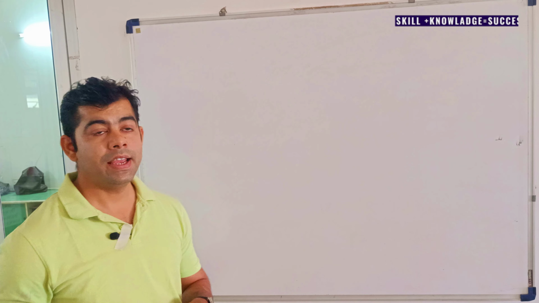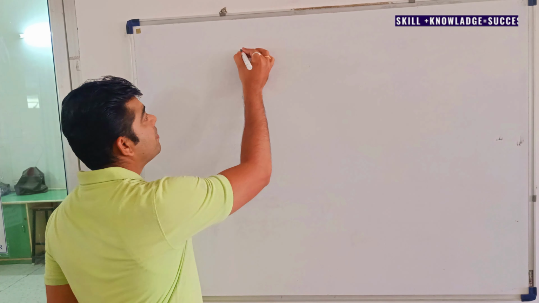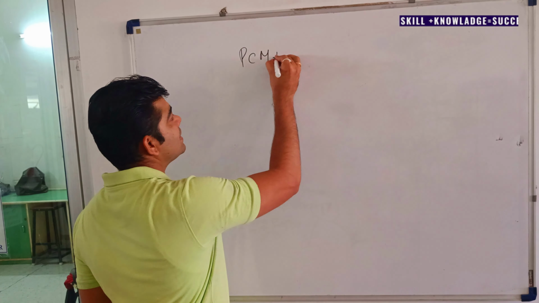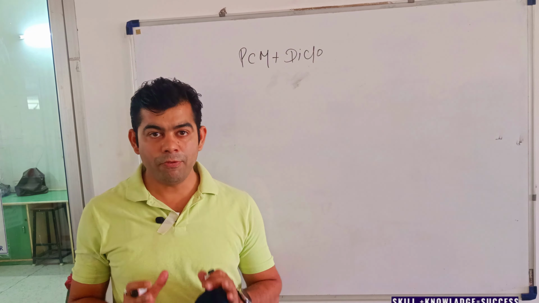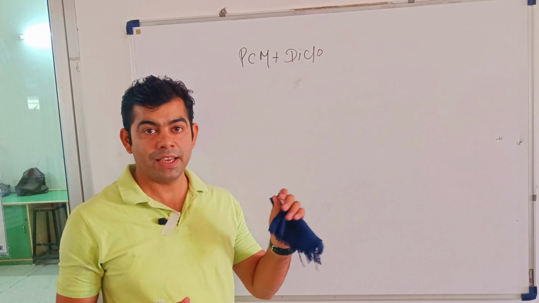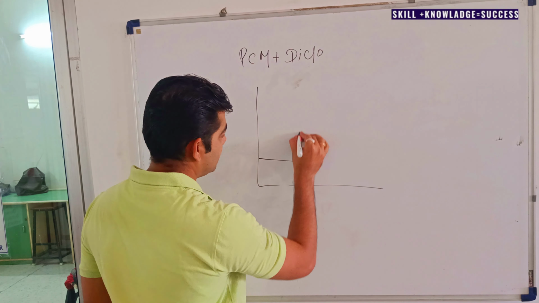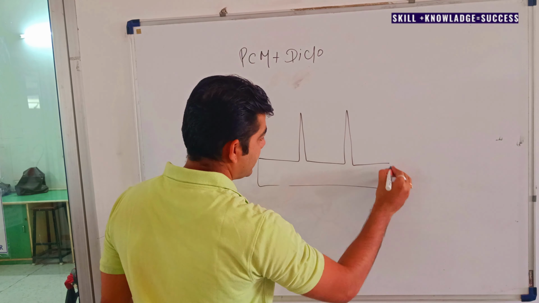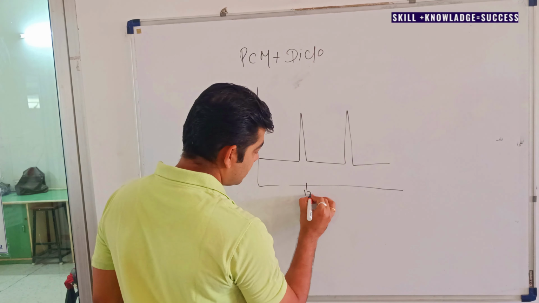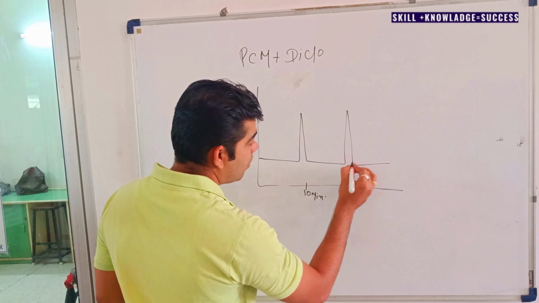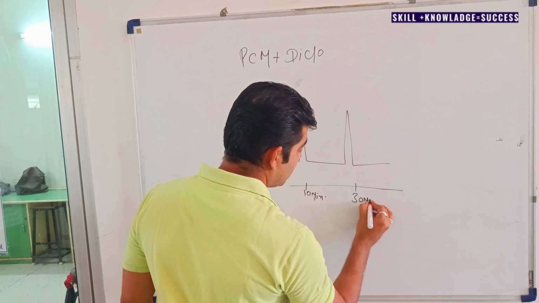Let's see. Suppose I have a drug in combination, like PCM plus diclo. I want both drugs' peaks in one graph, like this. The retention time of PCM is 10 minutes, and the retention time of diclofenac is 30 minutes.